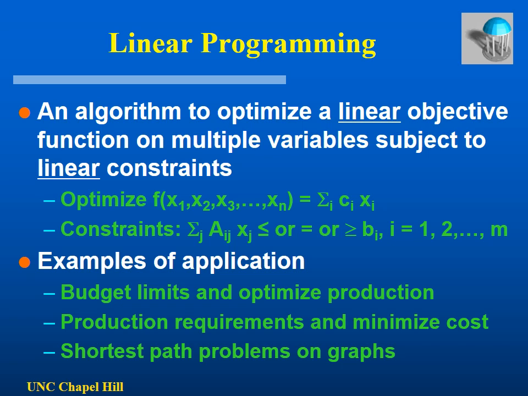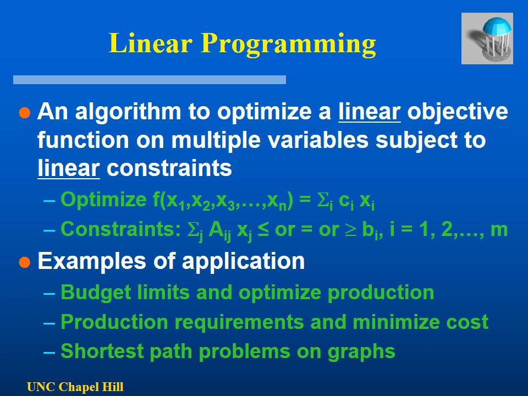Here, we have a constrained optimization, as described before, and we have an objective function, as described before, but both involve linear weighting of the optimization variables x sub i.